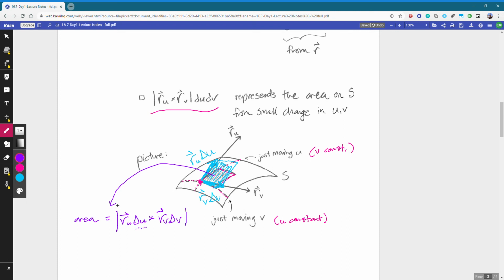And the idea is that we can pull out these scalings here, and what we get is the size of r_u cross r_v times Δu Δv. And this thing is approximately equal to the area of that little chunk of S.